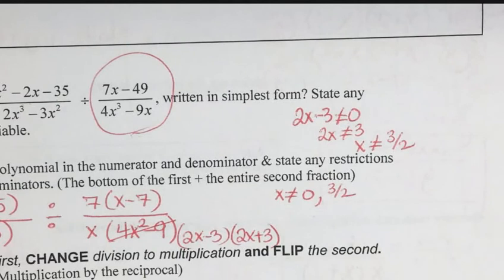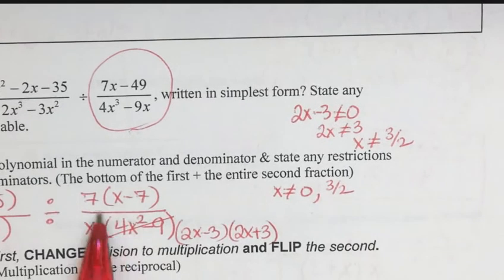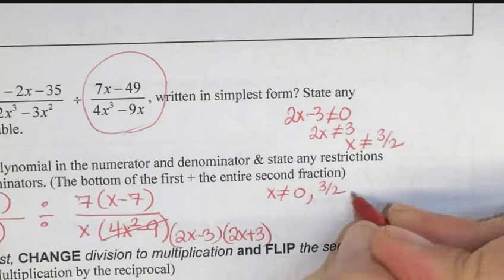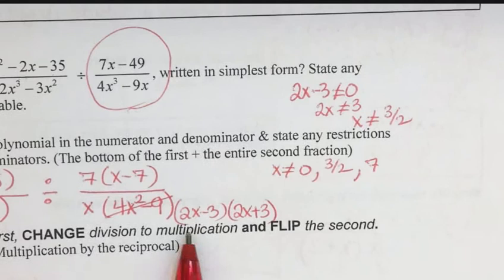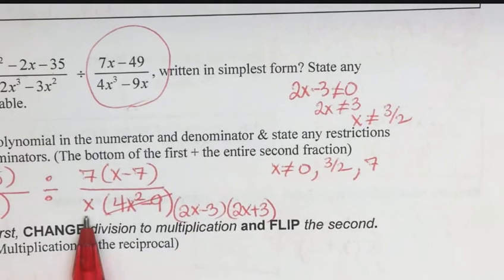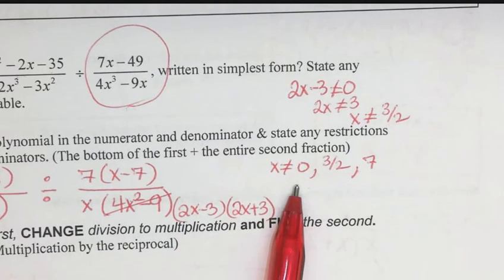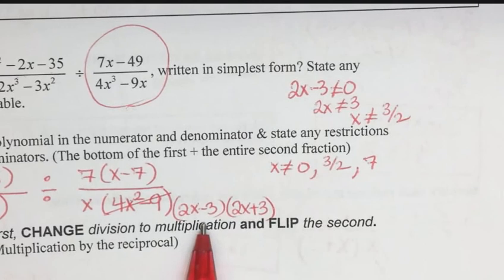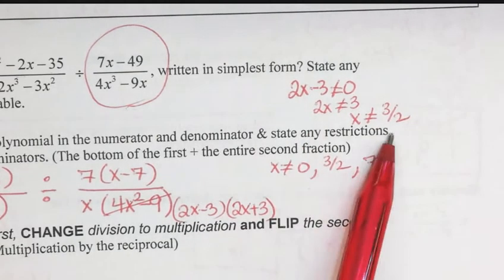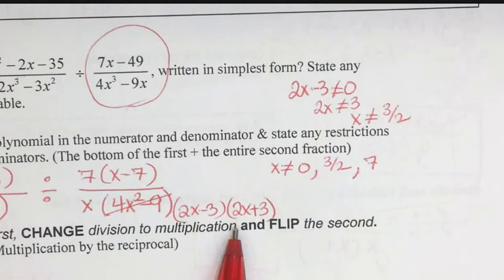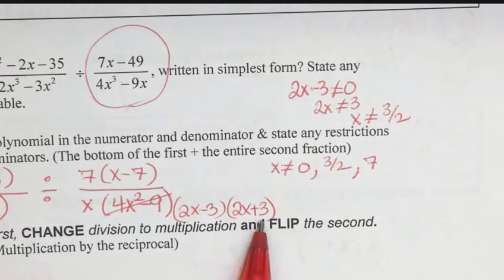So what I have to do is I also have to look up here and say, 7, you're not invited. And down here, x, you can't be 0. Well, I've already got it. 2x minus 3, you can't be 0. Well, I've already got it. And 2x plus 3, you're not allowed to be 0. What would that give me?